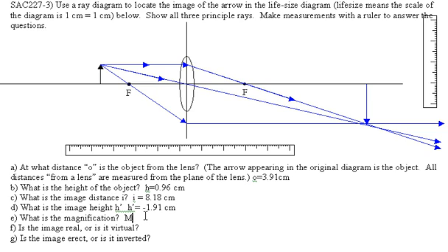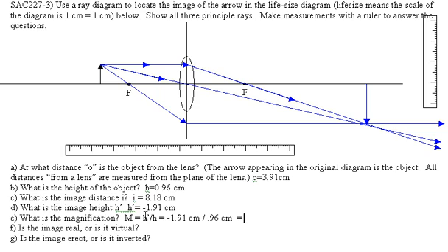So the magnification, by definition, is equal to h prime divided by h, and that is, in this case, minus 1.91 centimeters, all divided by 0.96 centimeters. I'm going to have to go ahead and calculate that.